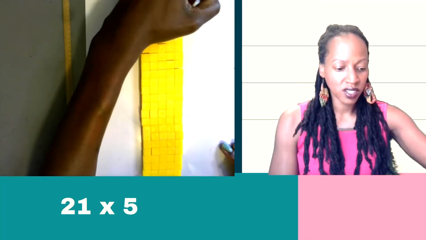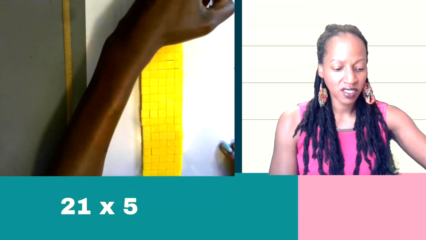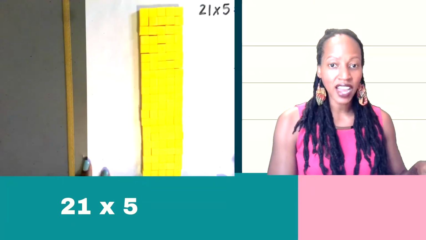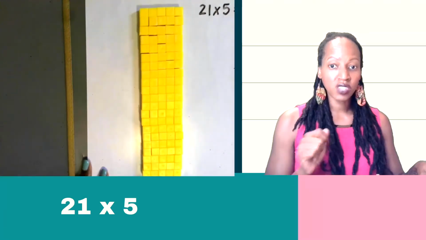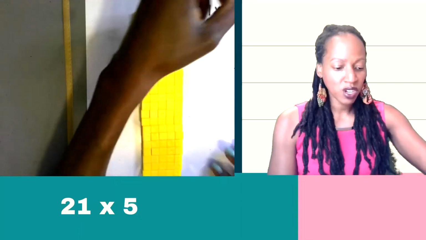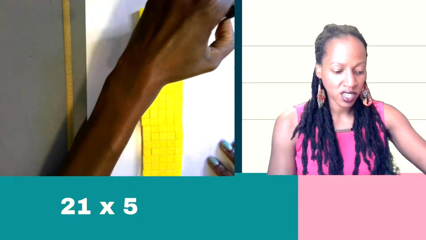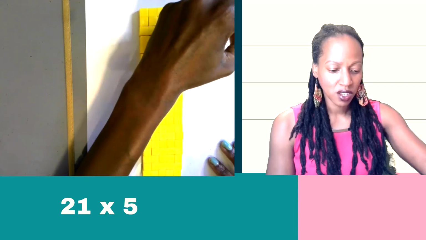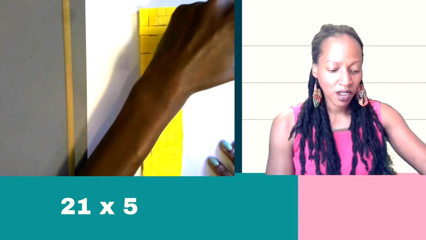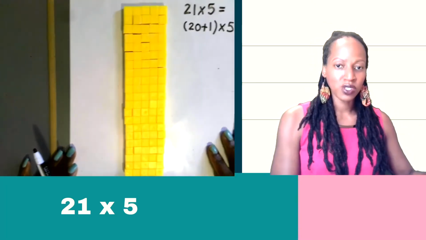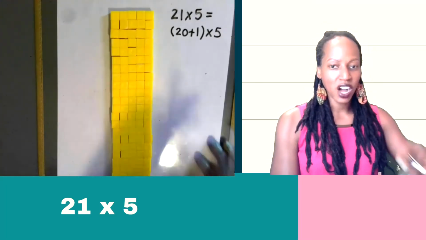So 21 times 5. If I decompose the number 21, I notice that I have 2 tens and 1 one. So I'm going to rewrite that as 20, that's my 2 tens, plus 1. And I can multiply each of those by 5. Now, when I'm able to do that, I will find my total product.